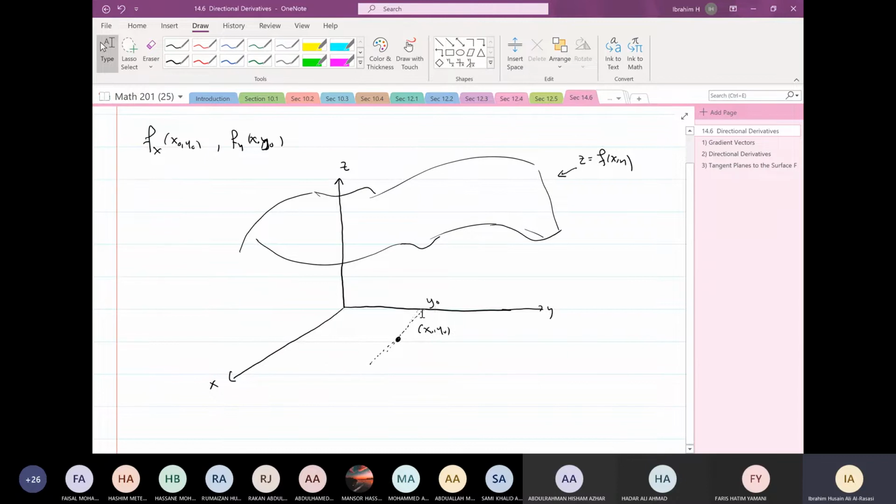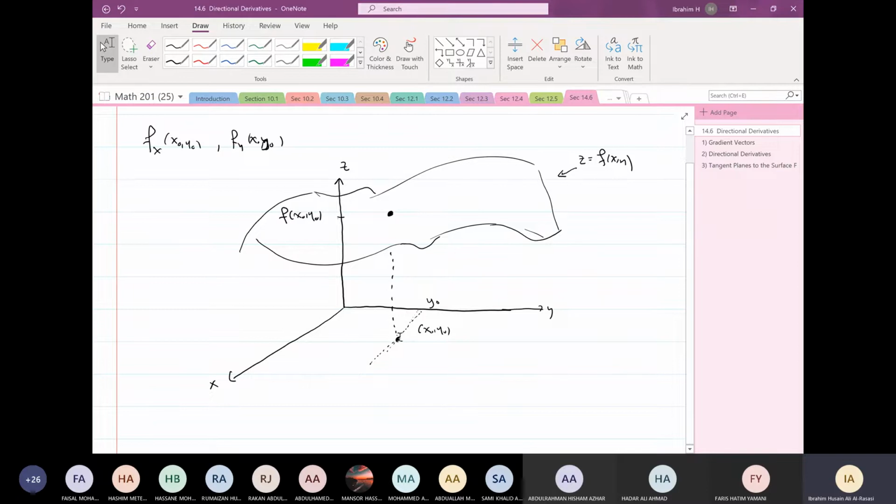This is always y0. So when you move, this is also f of x0, y0. Now when you move parallel to the x-axis, y is fixed, y0. So the change is in the x direction.